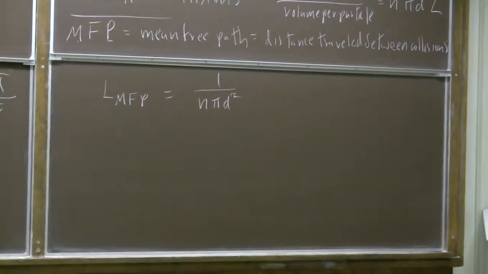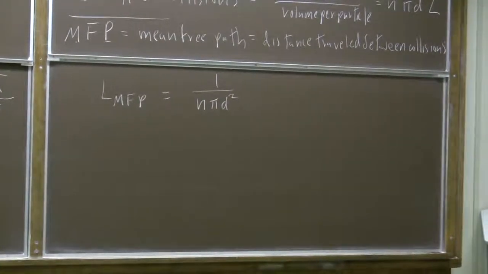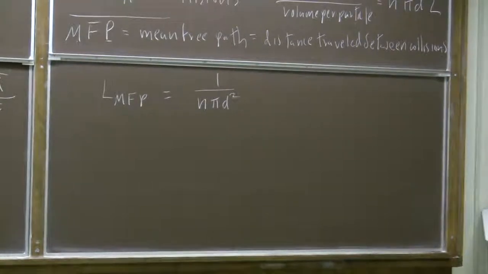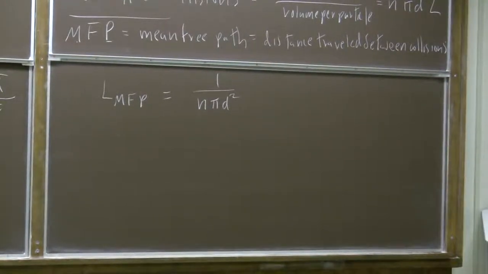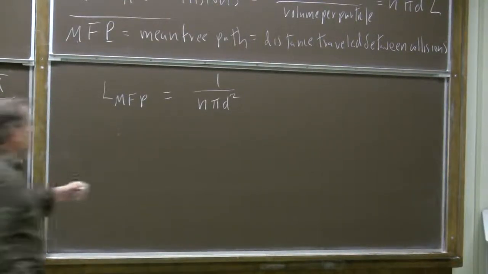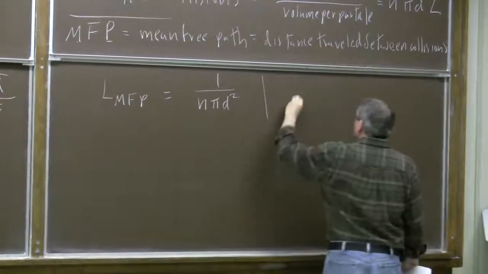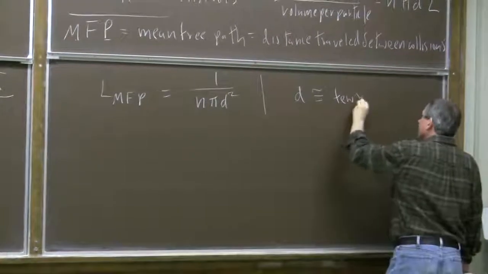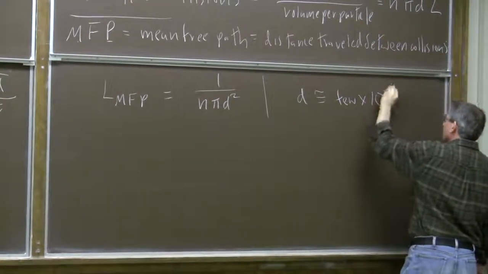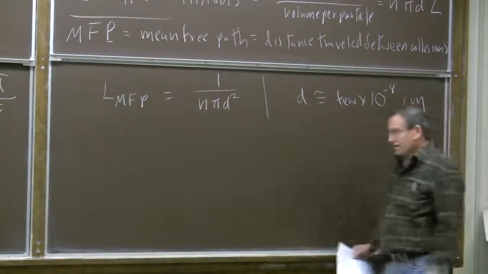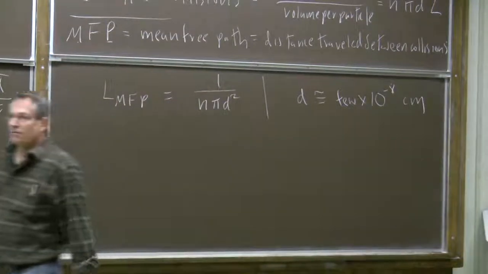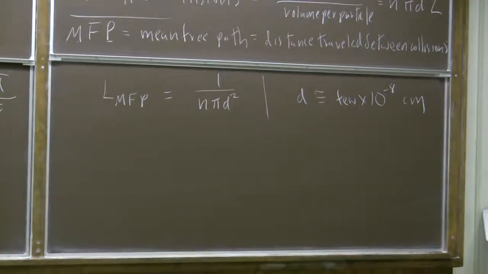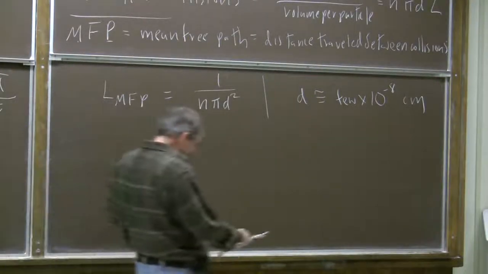So typically, how big are molecules? A few angstroms? Yeah, let's say a few angstroms. And what's the concentration of an ideal gas at standard temperature and pressure? 22.4 moles per liter. All right, that was quick.